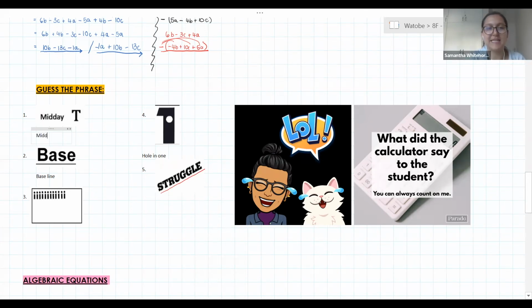It's midday tea. If you have midday tea, I always have tea. Got 2 more, 3 and 5. This is sort of like a hill. I'm really giving this one away.